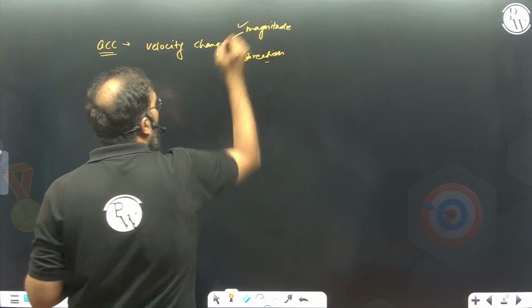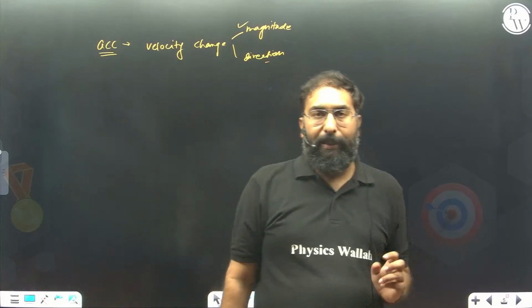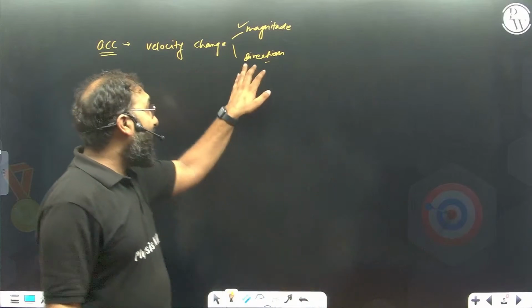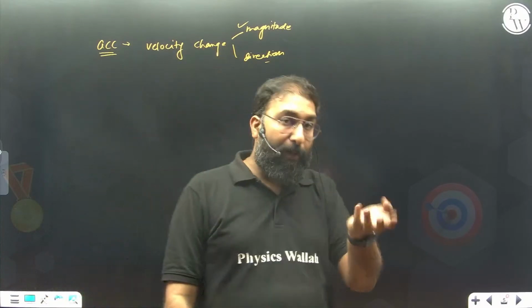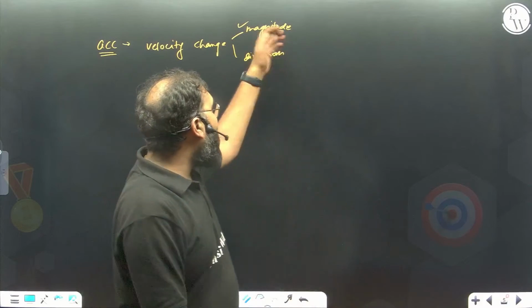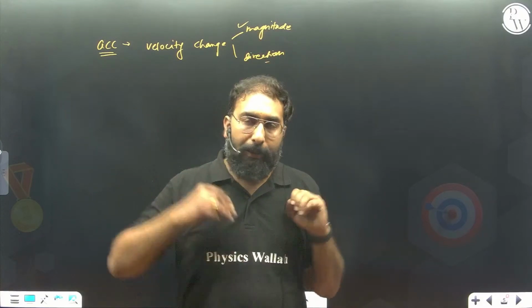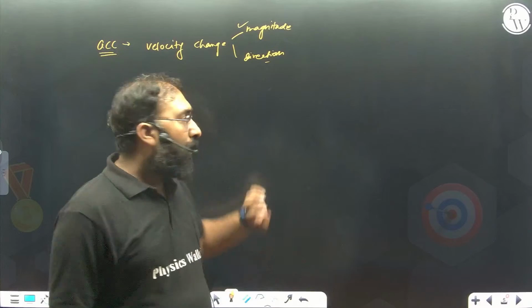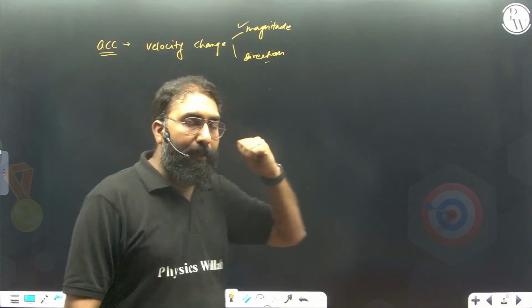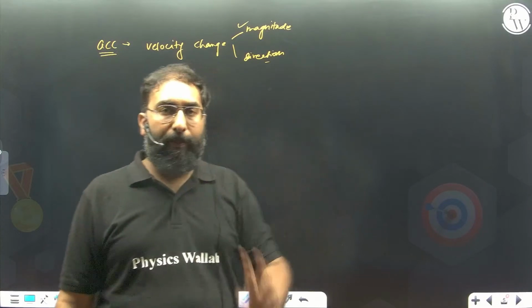Suppose the magnitude of velocity is changing, still there will be some acceleration. If the direction of velocity is changing, still there will be an acceleration. If both magnitude and direction are changing, then also there will be some acceleration. So acceleration simply means that the velocity of the particle is changing.